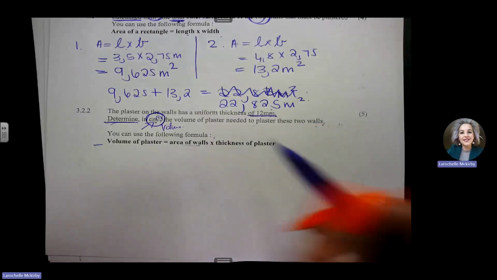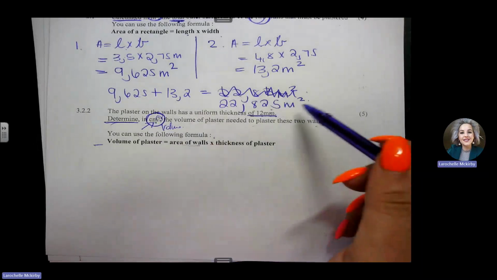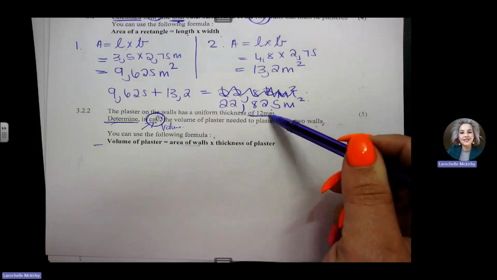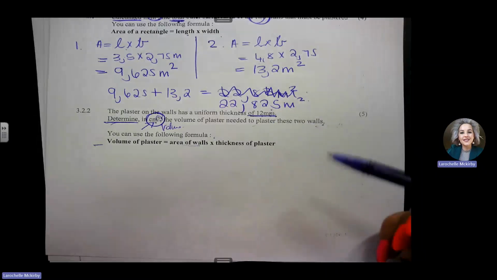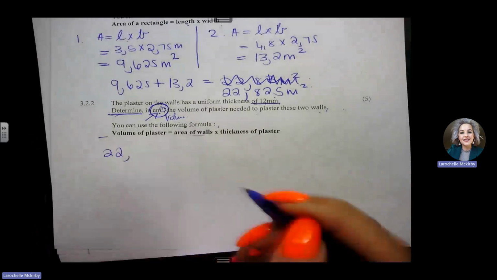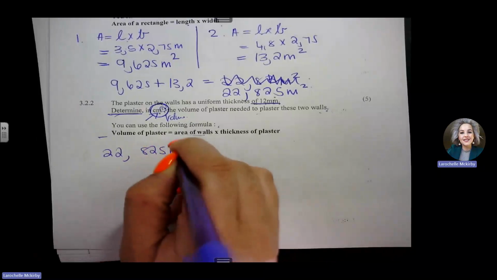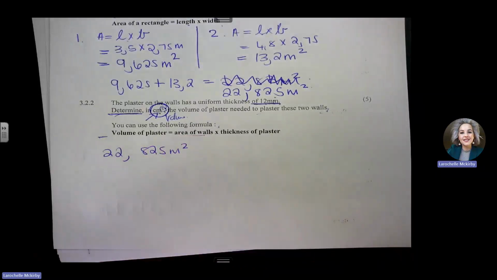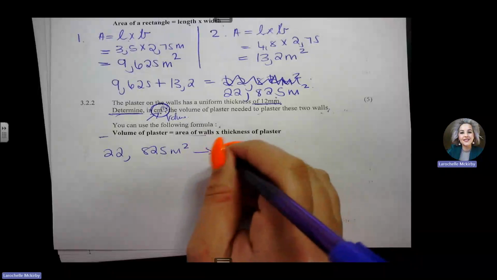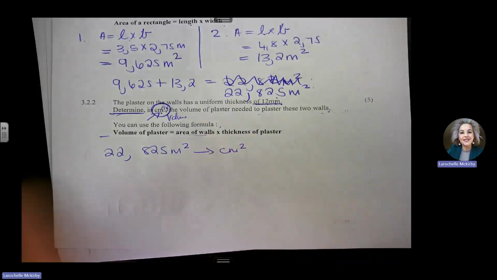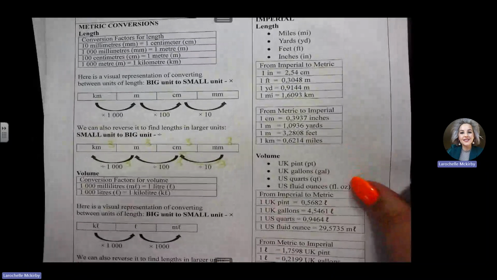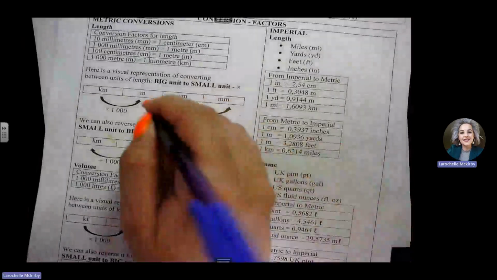But see, the problem is the answer must come out in centimeters. My answer here is in meters, and this thing here is in millimeters. So I need to do 2 conversions. First conversion, 22.825 meters. I need to convert that to not squared meters, but rather squared centimeters. So again, back to Mr. Snyder's notes, I'm going from meters to centimeters.